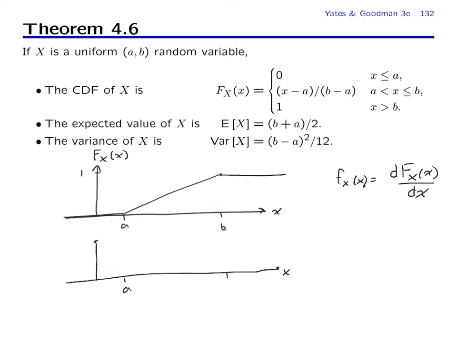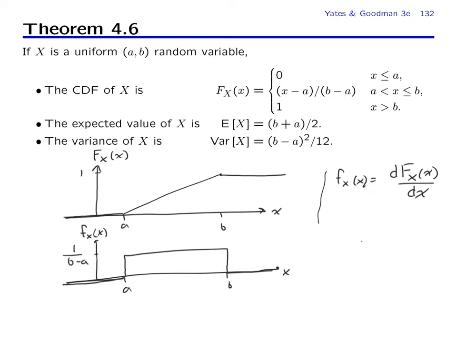Here's A, here's B, here's the PDF. Below A, the slope is 0. Above B, the slope is 0. And in between, the slope is constant, and it's 1 over B minus A because the rise is 1 and the run is B minus A.